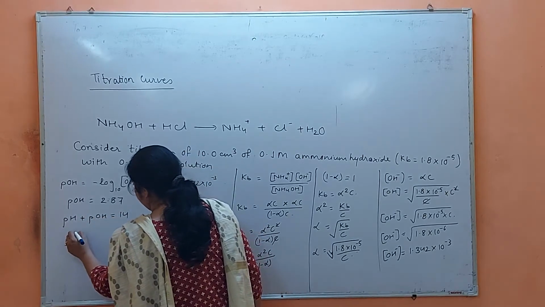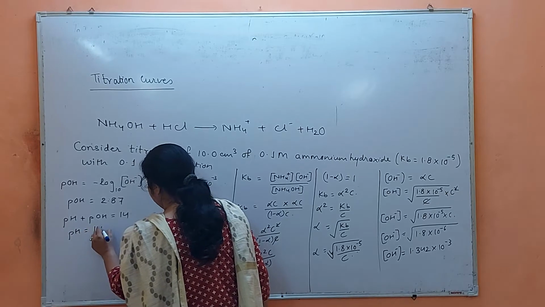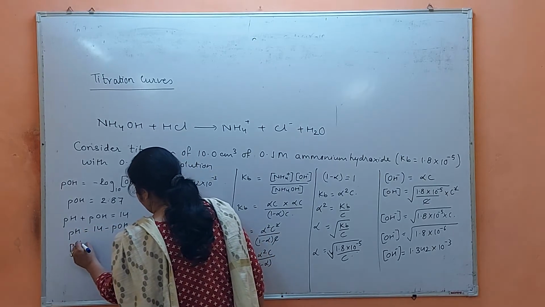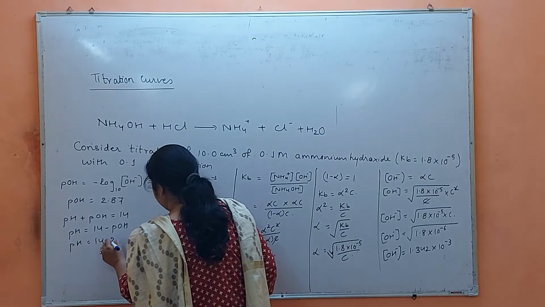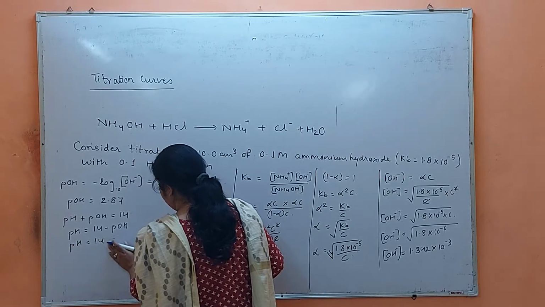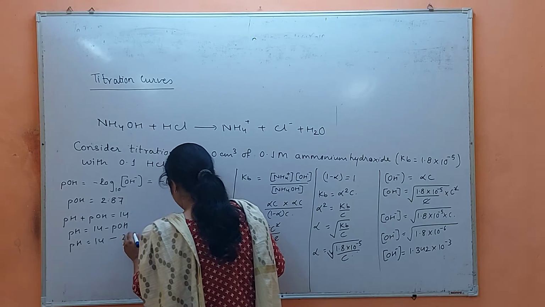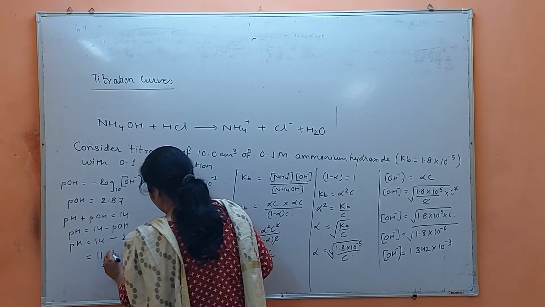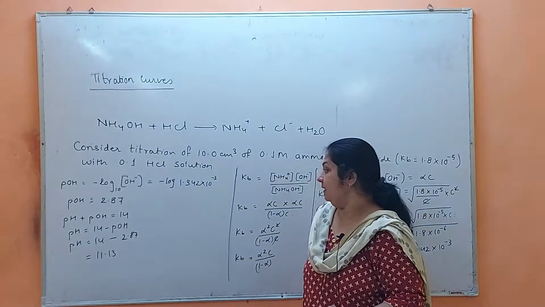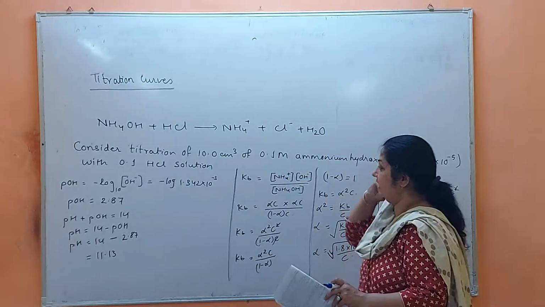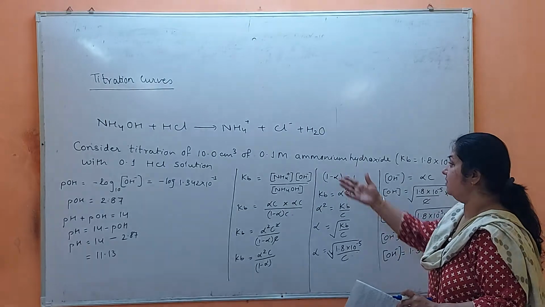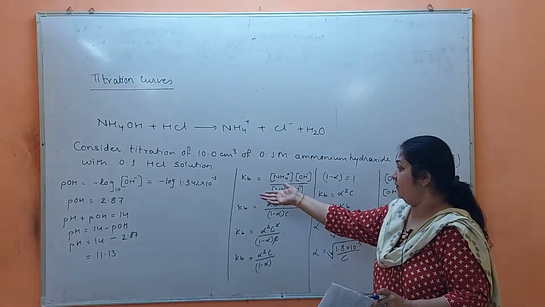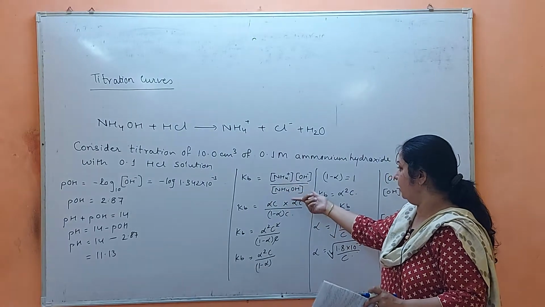So pH will be equal to 14 minus pOH, which comes out to be 11.13. So at the beginning, this is the pH we have calculated theoretically. First of all we have considered the dissociation constant of weak base, then we have found out Kb.